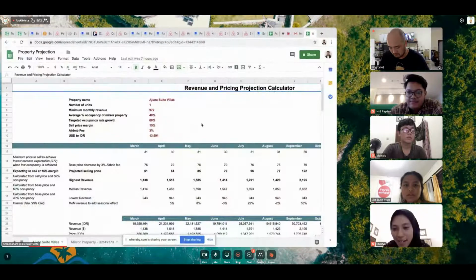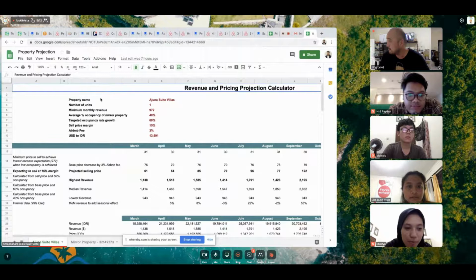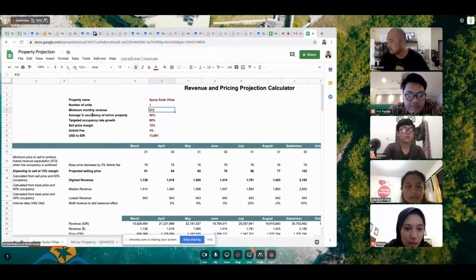So this one. First, this is the minimum monthly revenue, and then the average occupancy, which I get from our mirror property.